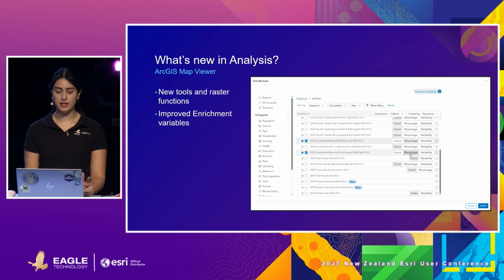And you may not remember the exact name, but semantic search understands the context of your search and your intent. So even though you're not searching the exact word, it might return the result that you're looking for. And also many number variables now support choosing a statistic, so count, percentage, or index, to calculate within the enrichment areas.